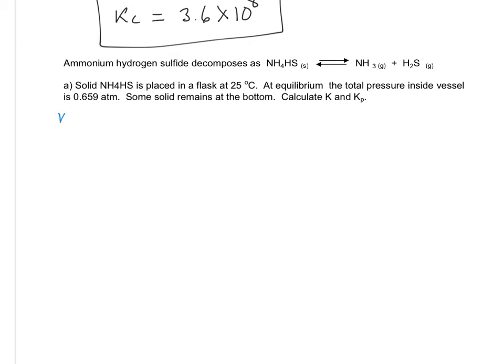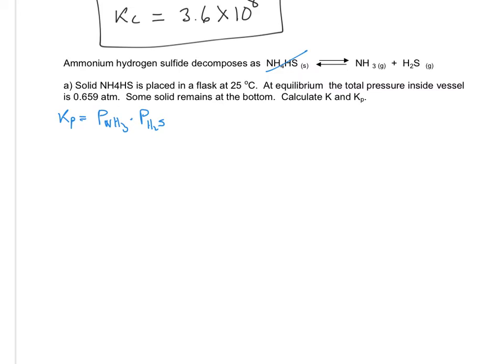So Kp is equal to the partial pressure of NH3 times the partial pressure of H2S. And I don't include the NH4HS because it's a solid, so I don't care about it.